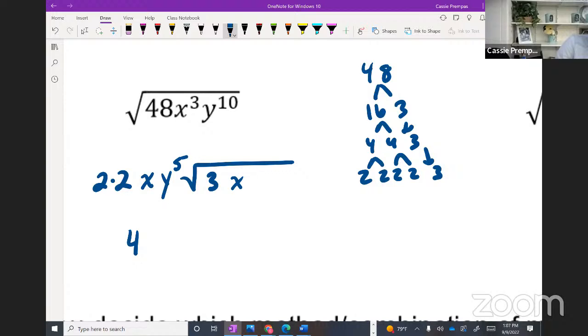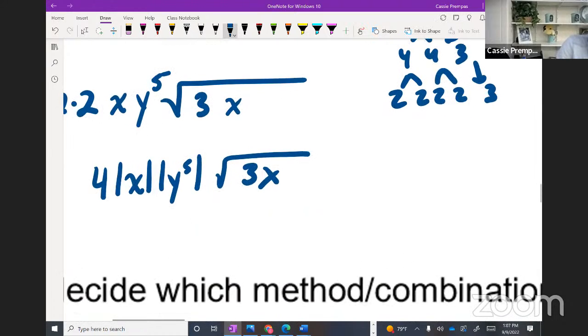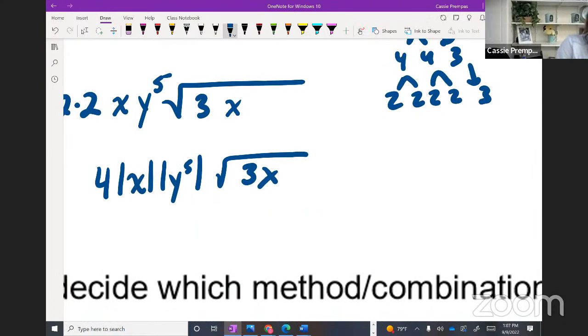Your full correct answer should have been 4 absolute value of X, absolute value of Y to the 5th, square root of 3X. I saw a lot of people have absolute value of X, but we forgot about Y to the 5th. Let's think about that. If Y is a negative number, what's a negative to the 5th power going to become? Negative. So we have to make sure that that's positive too.